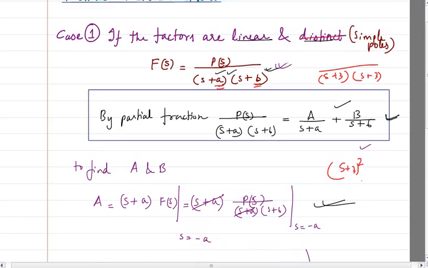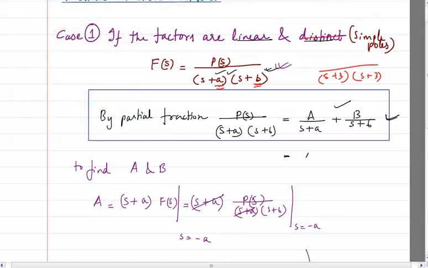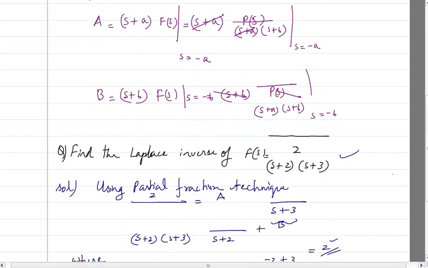Here also, for the case of simple poles, instead of writing this formula, you can do the cross multiplication and write a into s plus b plus b into s plus a, and the denominator will be s plus b, and that is going to be equal to p of s. For example, let us do this problem. Here it was 2, which we had written as a by s plus 2 plus b by s plus 3, correct?